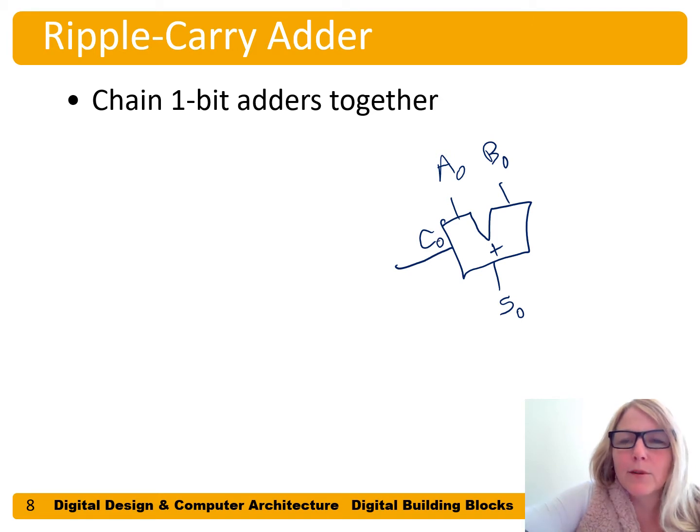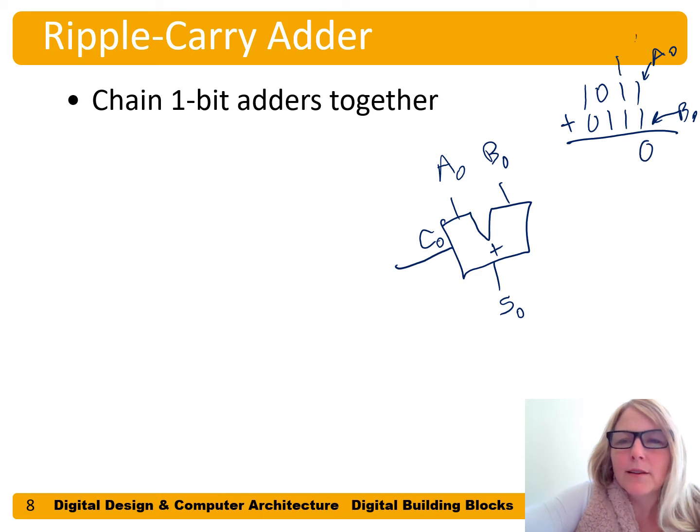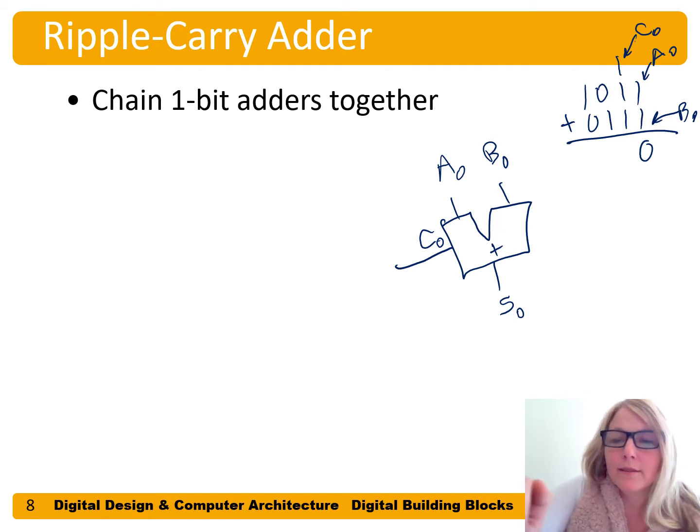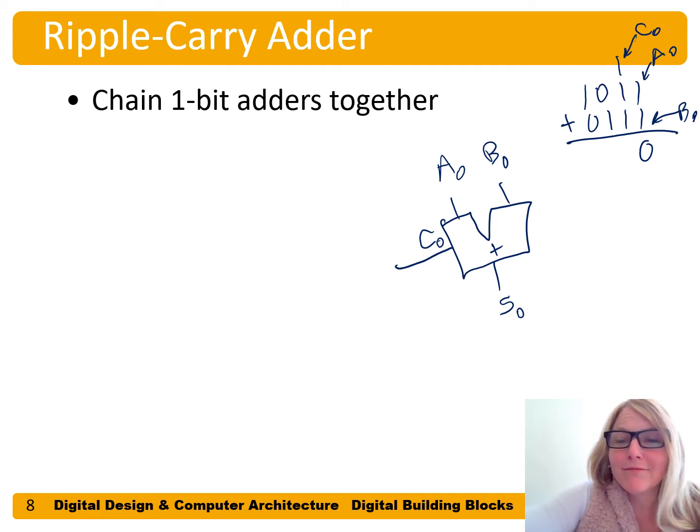So if we had our example from before, 1011 plus 0111, we added those together. Here's A sub 0, here's B sub 0, and our sum S sub 0 would be 0, and our carry out of column 0 would be, in this case, 1.